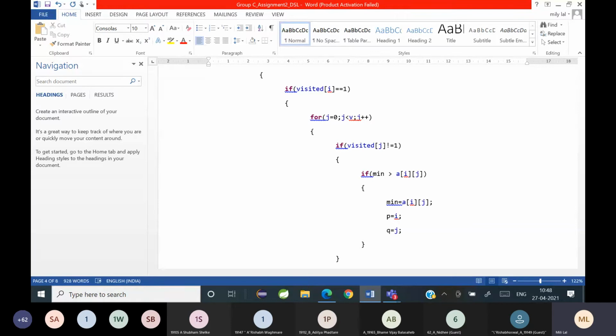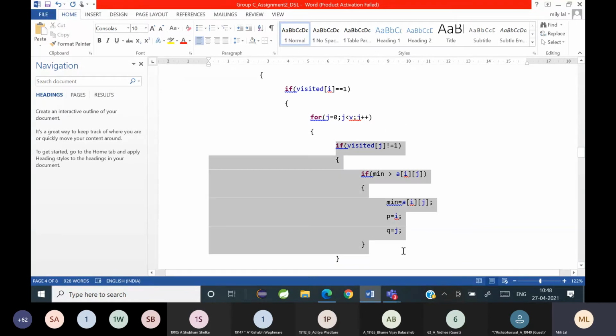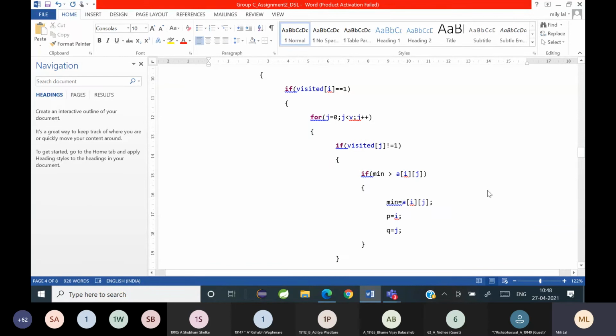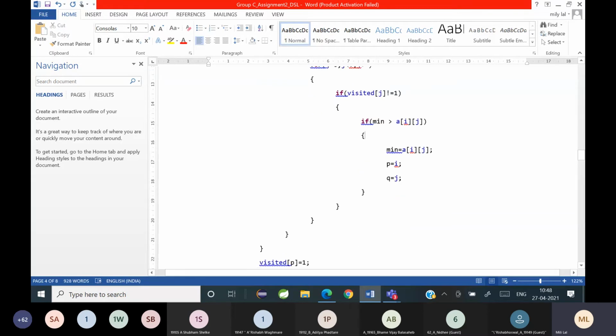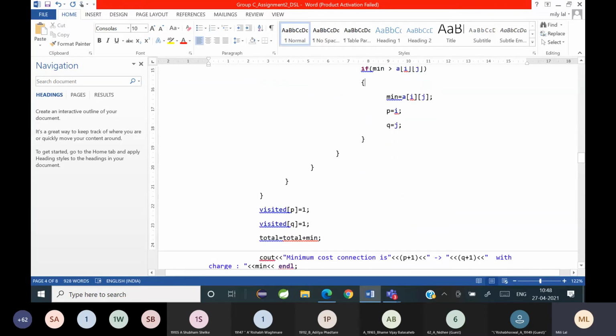So why are we doing this statement? This statement is to find the best edge among the vertices which is not selected, so that you can add it to the minimum graph. Yes, so that's how. And once you select it, you get the p value and the i value, that is, p and q value.